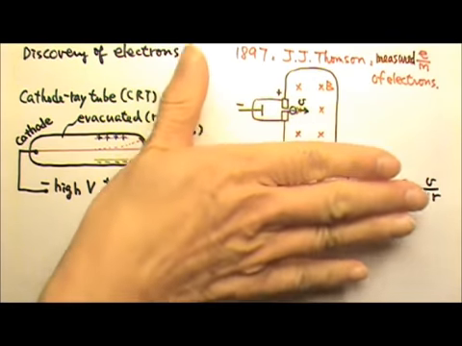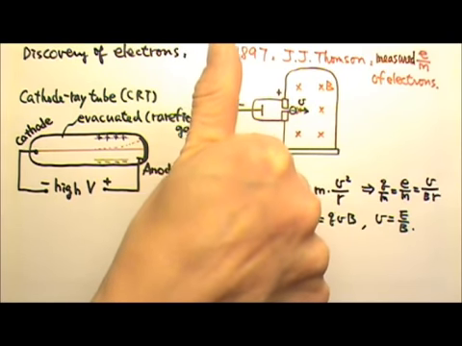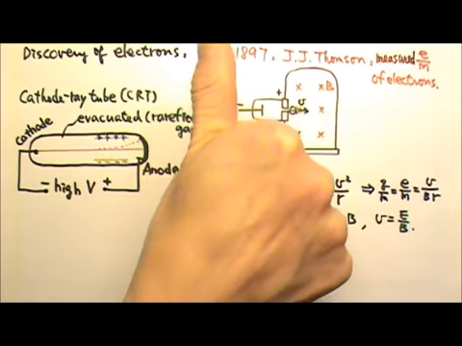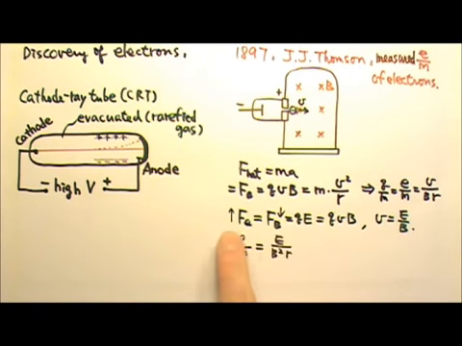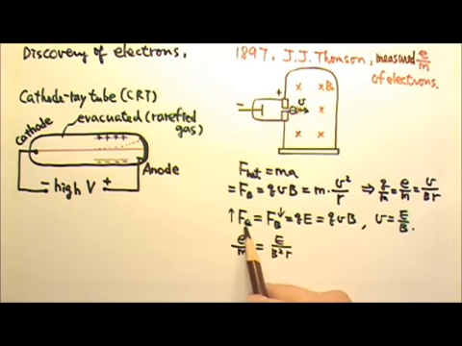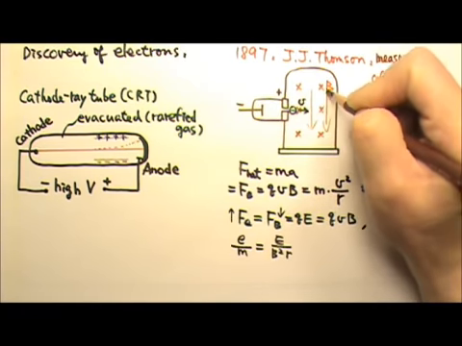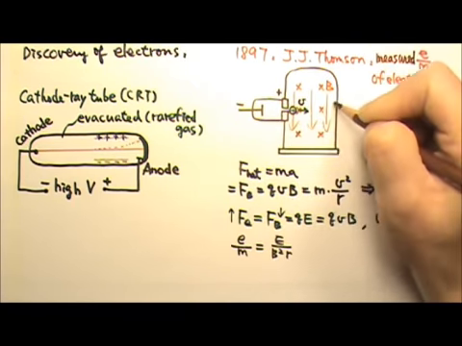So we can do v cross B, but because the cathode rays are negatively charged, we have to flip the direction and get downward. So the magnetic force goes down, which means the electric force must go up. In order for the electric force on a negative charge to go upward, the electric field must go down. So the electric field in this region has to go down.